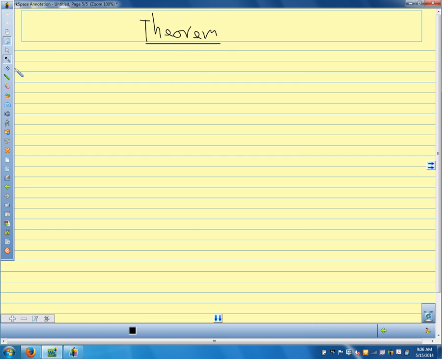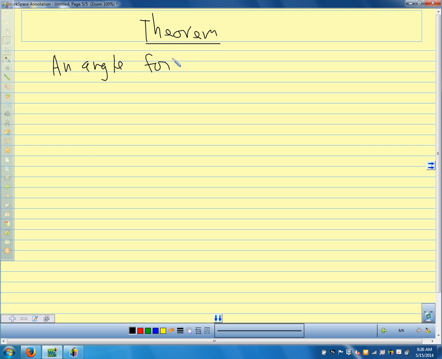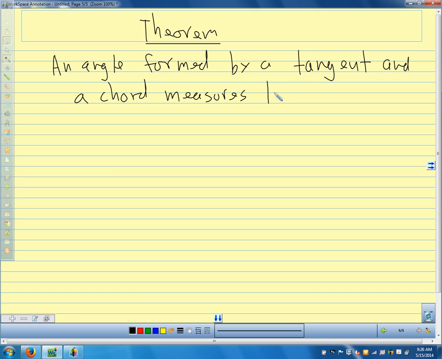Theorem: an angle formed by a tangent and a chord measures half its intercepted arc.